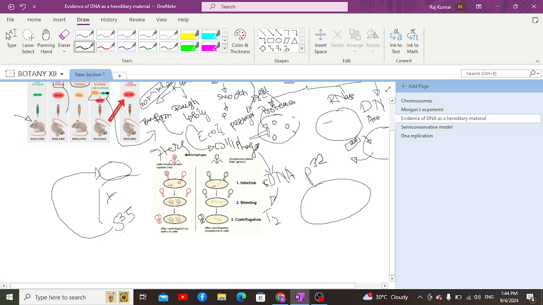And in the second culture, the phosphorus 32 would become part of the phosphate group of the viral genome's DNA, due to which the DNA would become heavier and become a radioisotope.